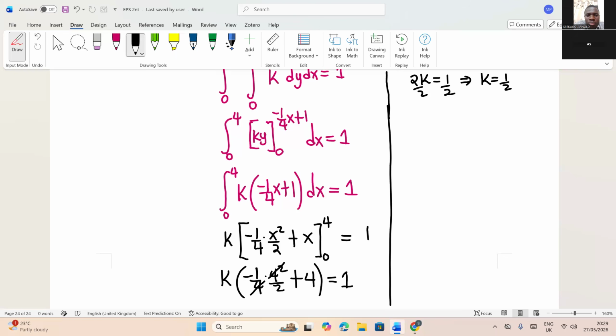The required distribution is f x y equals a half, for 0 less than x less than 4, and 0 less than y less than negative a quarter x plus 1, then 0 otherwise. That was for part A.